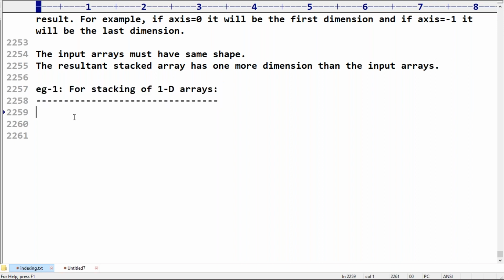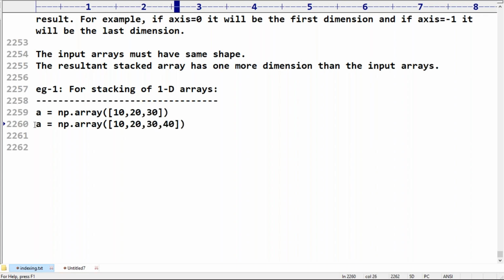Now let me take a equals np.array of 10, 20, 30. Now b is 40, 50, 60. One minute, sir.